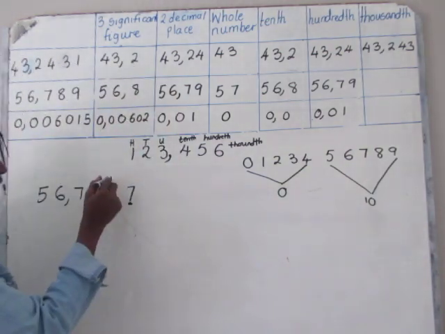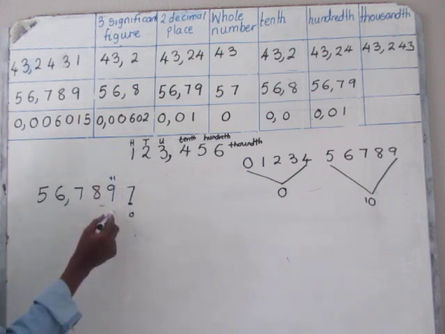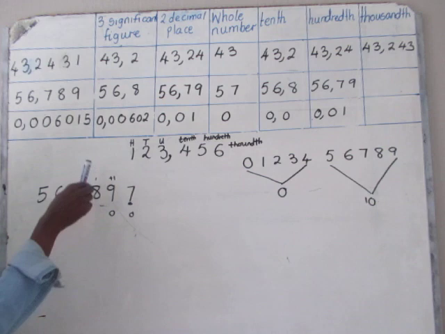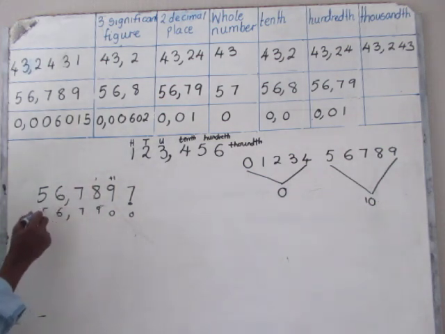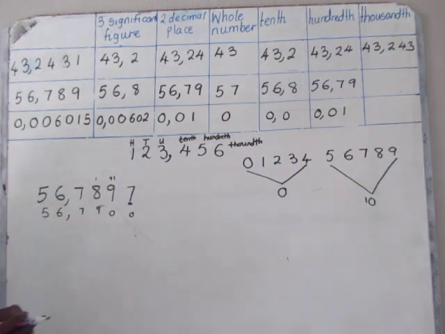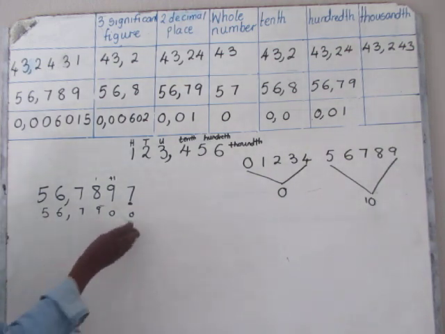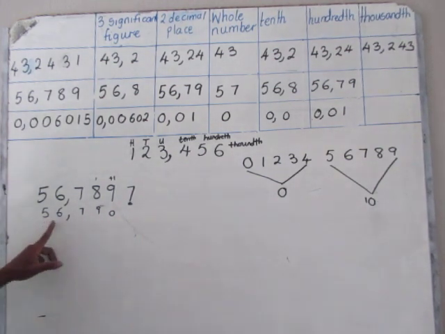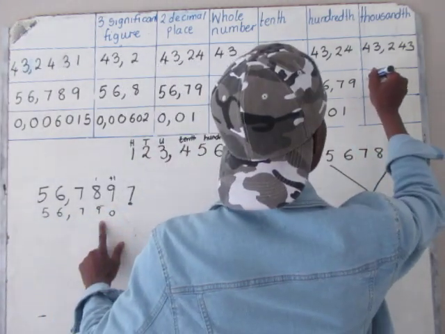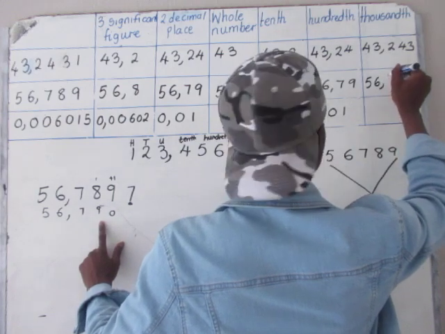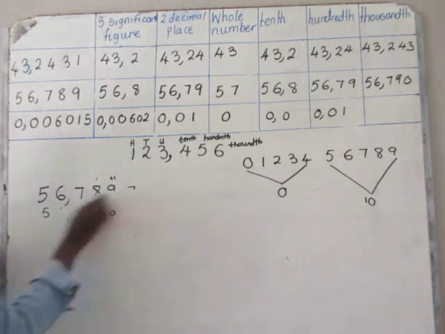So we come and say plus 1 here. So 7 becomes 0. 1 plus 9, that's 10. 0 carry 1. 8 plus 1, that's 9. 7 remains the same. 6 remains the same. 5 remains the same. Since we just needed the nearest thousandth, this number disappears. So we're left with 56.790.